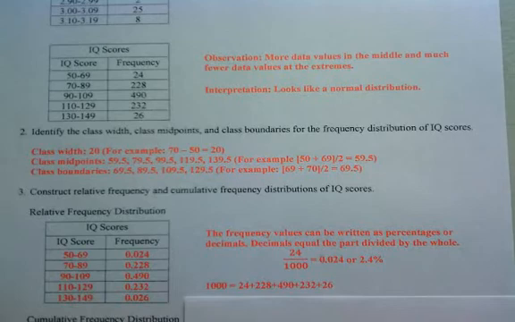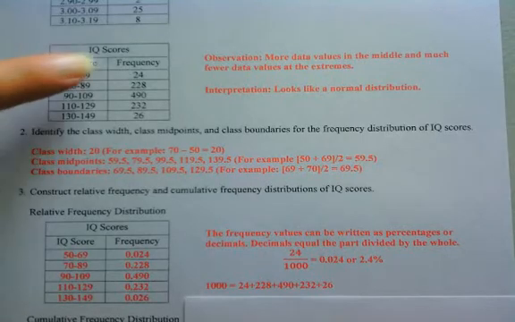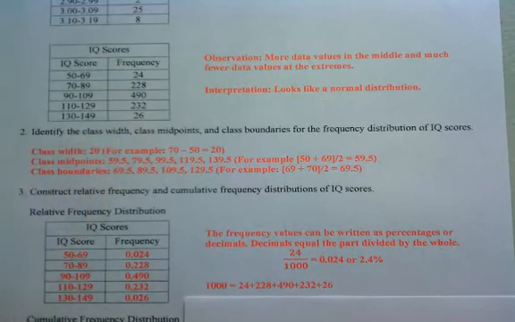Just don't smash the two together. In other words, don't write your answer as 0.024%. Write 2.4% or 0.024. And if you're wondering where the 1,000 came from, if you add up all the numbers in our original frequency distribution, you get 1,000. So that is a relative frequency distribution.